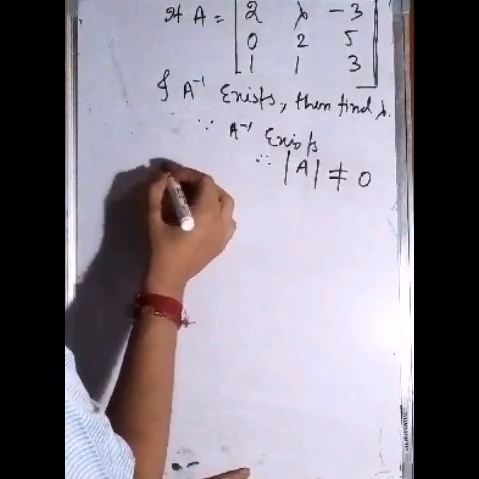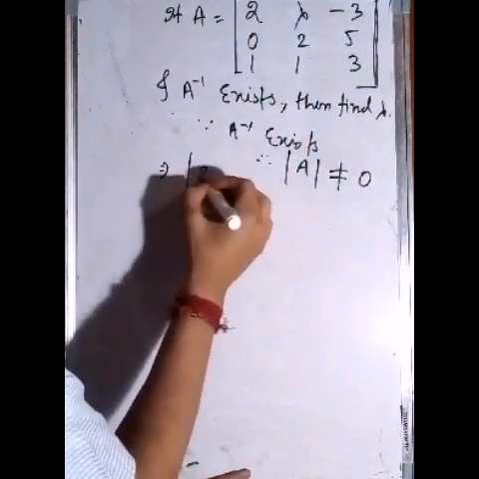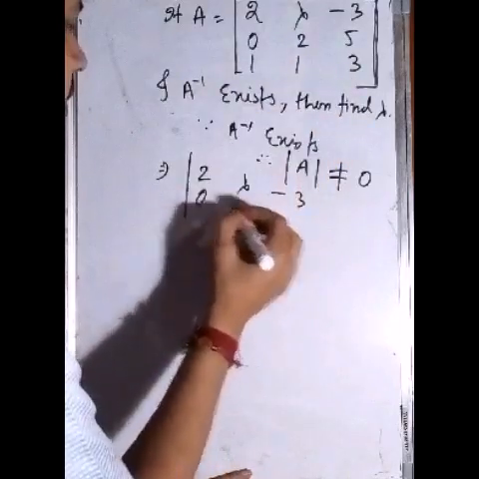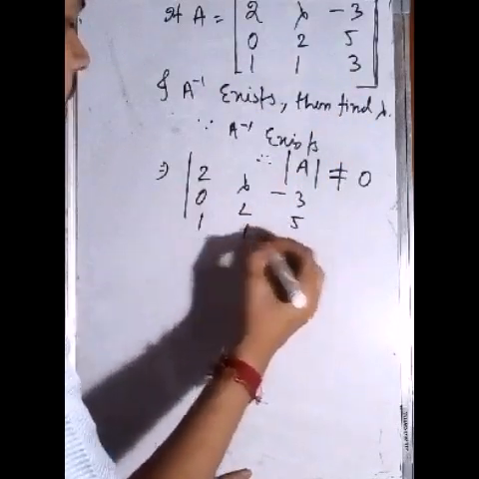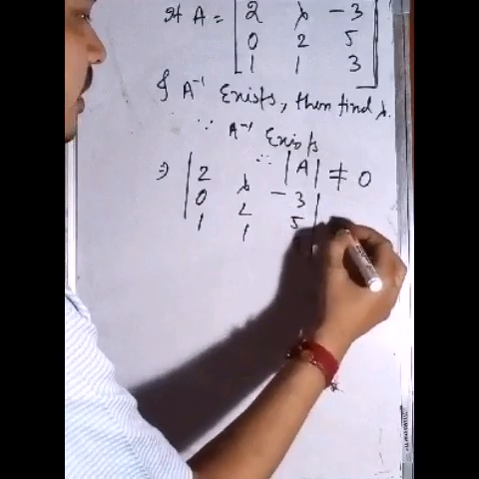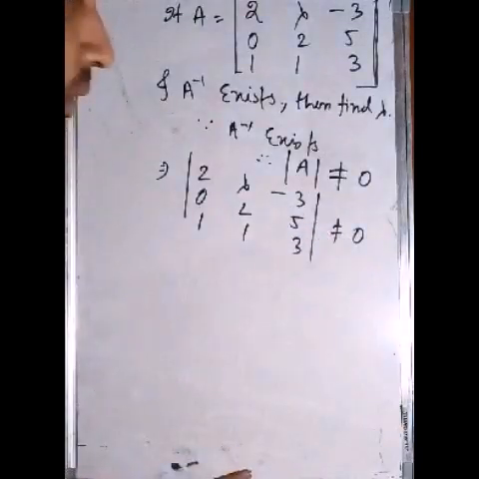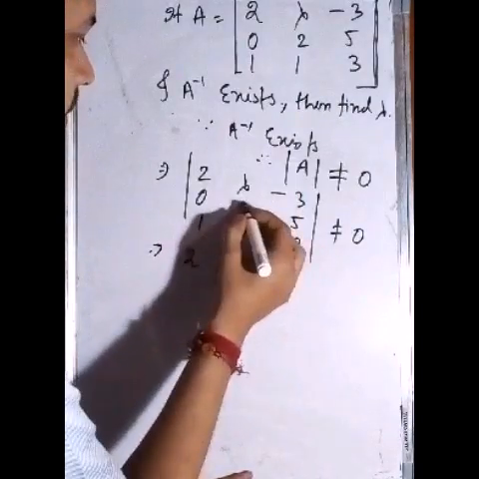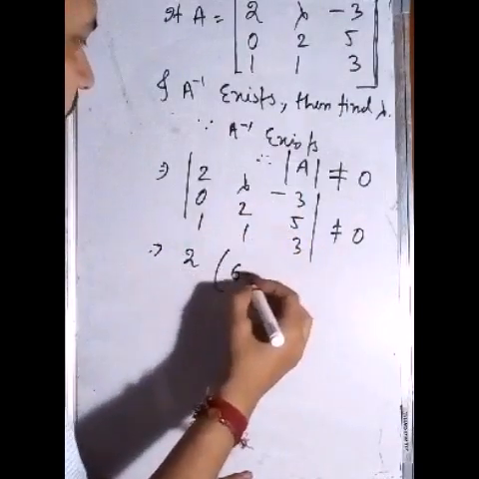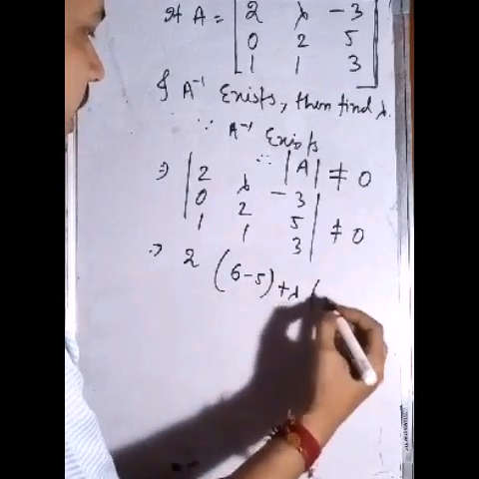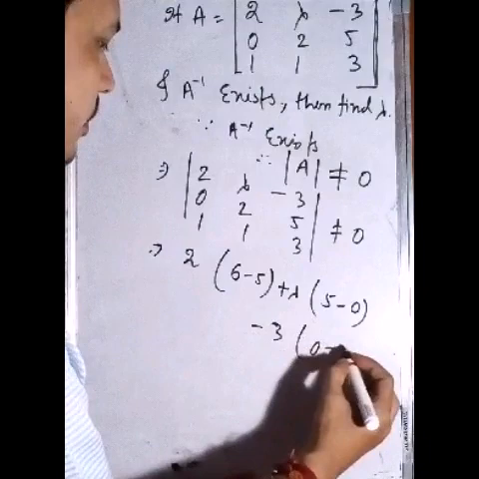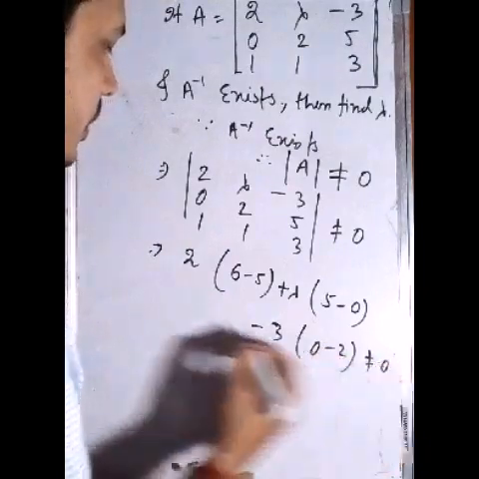Now, this implies the determinant with rows 2, lambda, minus 3; 0, 2, 5; 1, 1, 3 cannot be equal to 0, so that A inverse exists. This implies 2 into 6 minus 5, plus lambda into 5 minus 0, minus 3 into 0 minus 2, is not equal to 0.